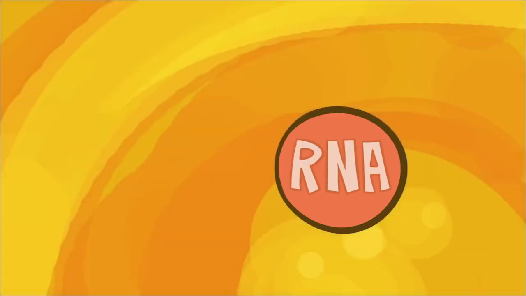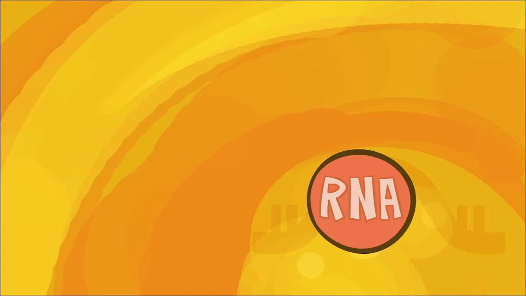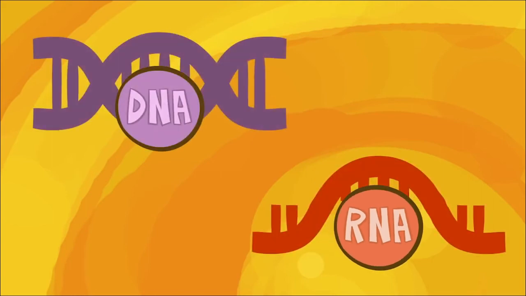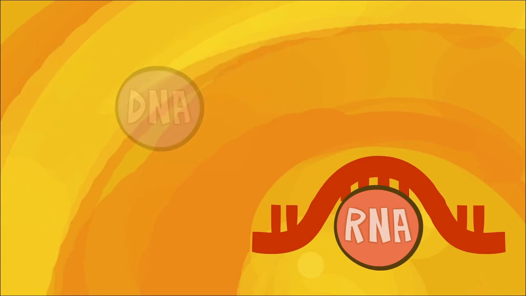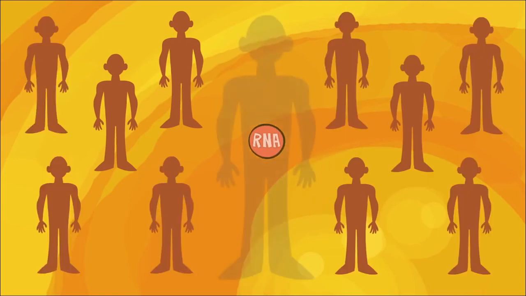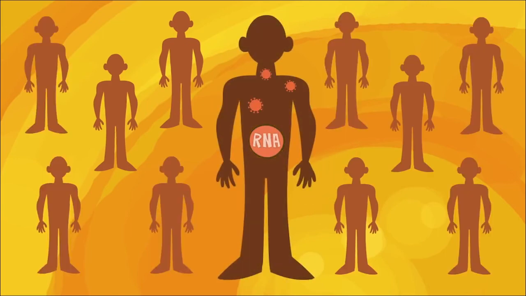RNA viruses are usually smaller with fewer genes. This means they infect many hosts and replicate quickly in these hosts. In general, RNA viruses do not have a proofreading mechanism.